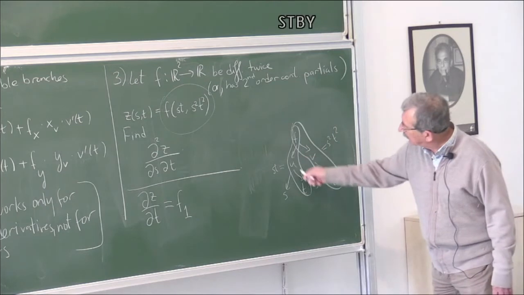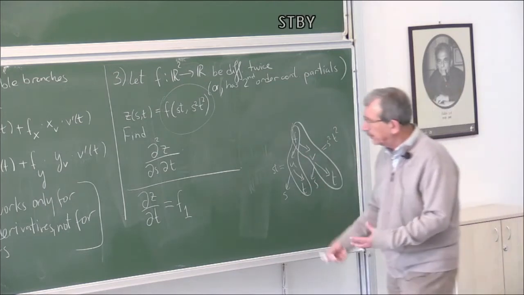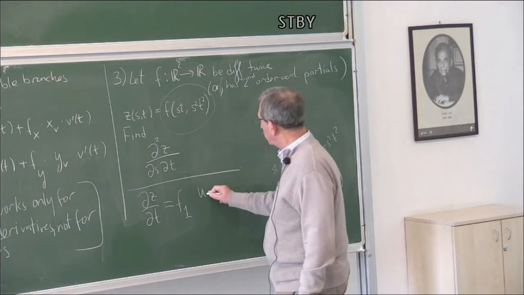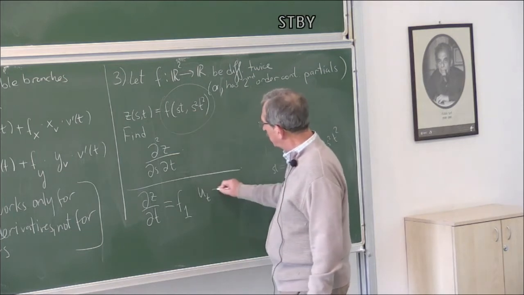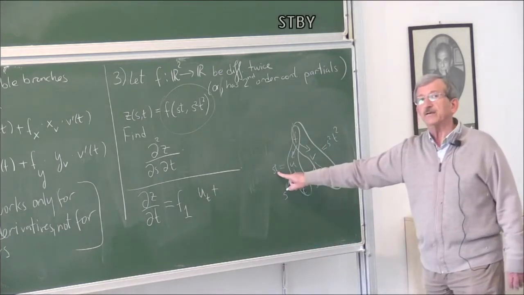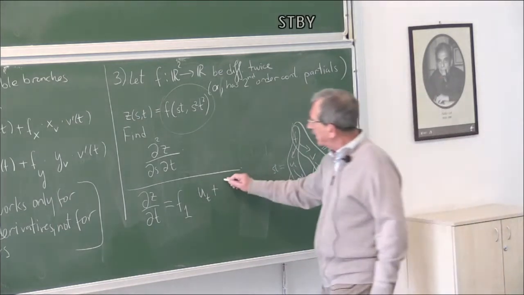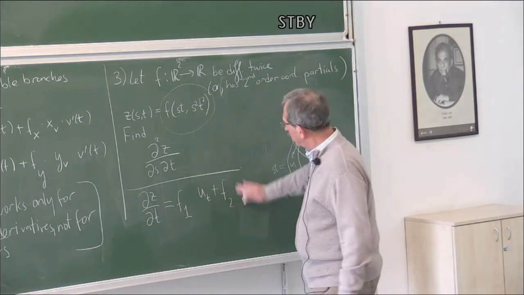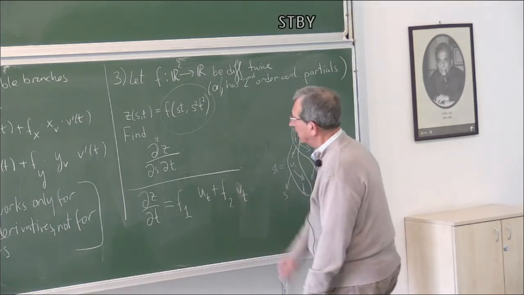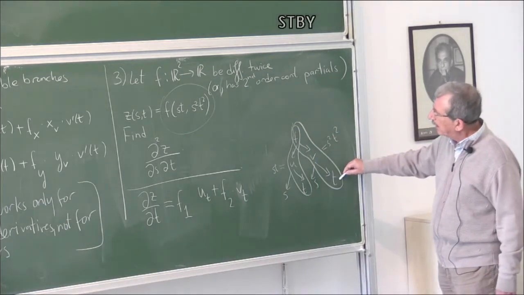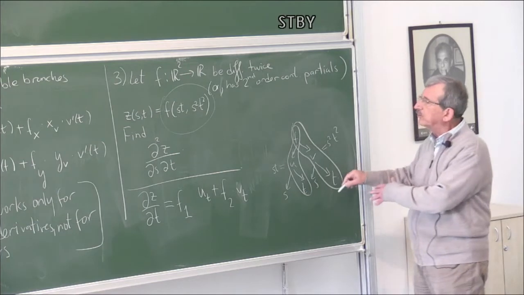So the derivative of u with respect to t is meaningful, that is u sub t, plus, it's a partial derivative again, because you have an s here. And f2, v with respect to t, this time, in the second branch.